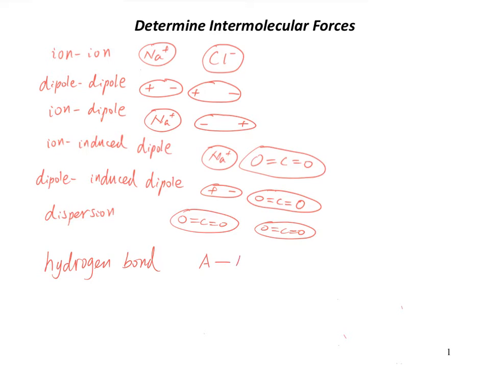A hydrogen bond forms when atom A is bound to a hydrogen, and that hydrogen interacts with atom B. A and B can only be nitrogen, oxygen, and fluorine. So we should always have this list in our mind. Then we can determine the predominant intermolecular forces.